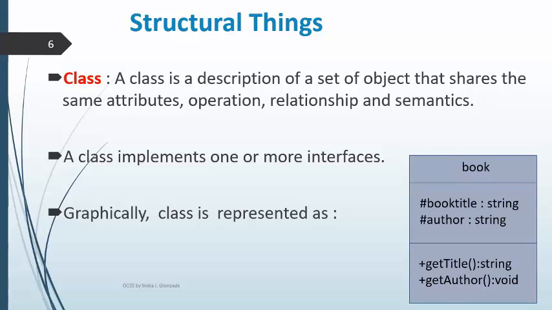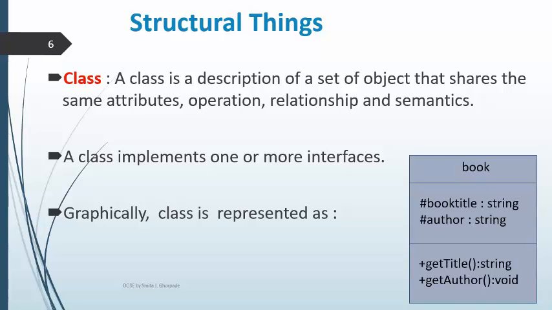Then the third section is to show the operations or the methods of that class. For that, the syntax is visibility, then function name, then return type of that function. Here plus get title and its return type is string. Plus means it is a public function, function name is get title and its return type is string.